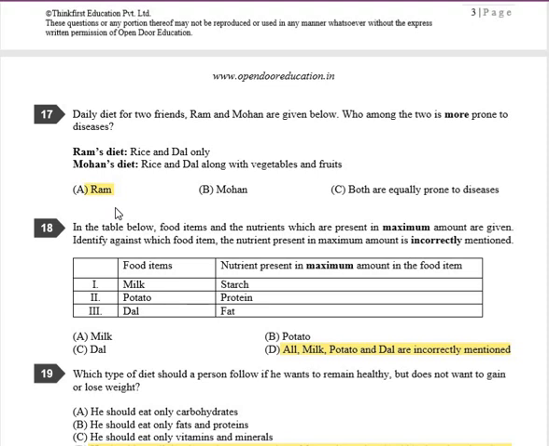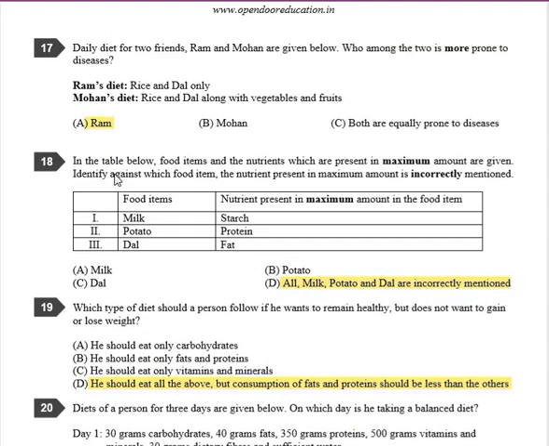Now coming to question number 18. In the table given below, food items and the nutrients which are present in maximum amount are given. Identify against which food item the nutrient present in maximum amount is incorrectly mentioned. Milk contains starch, potato has protein, dal has fat.